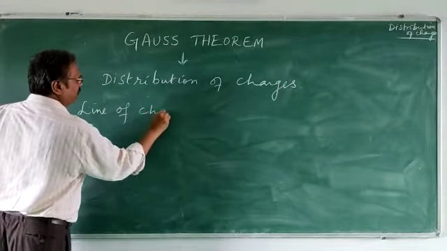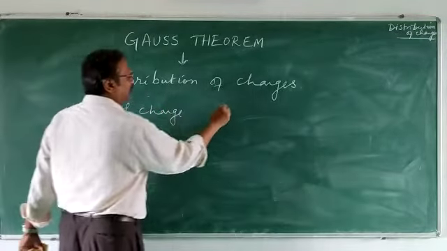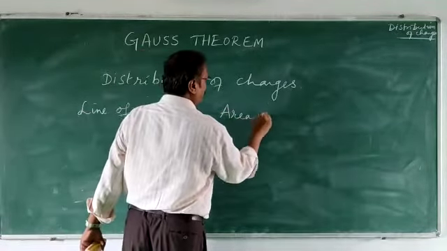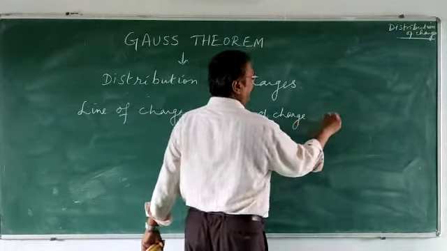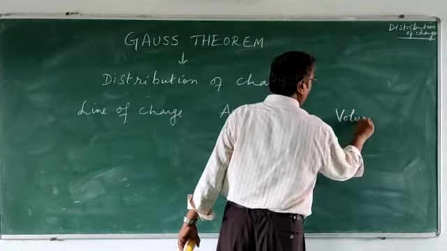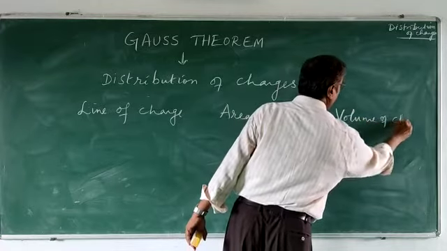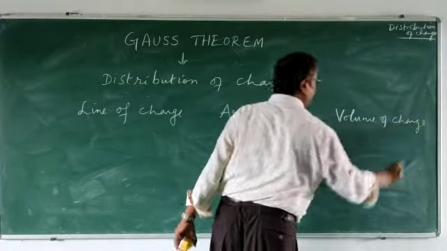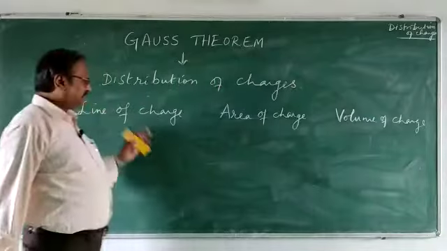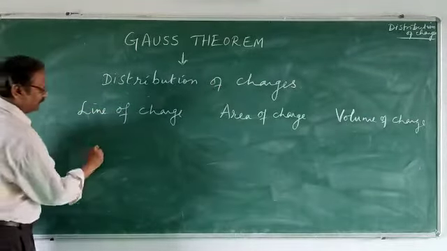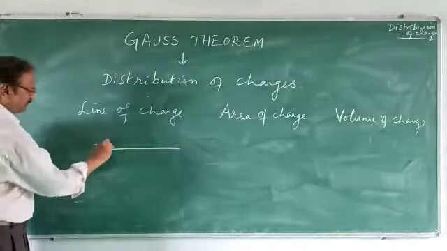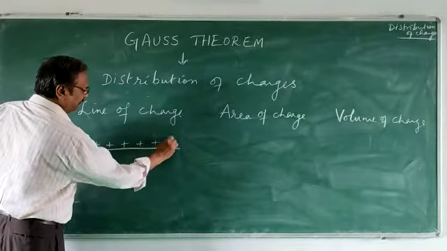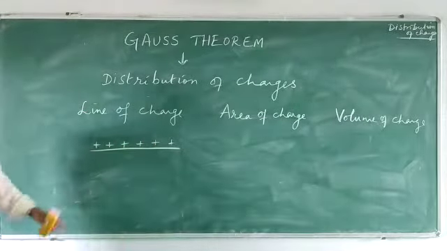Second is called area of charge, charge distribution over an area. And volume of charge. Distribution can be done in 3 ways. Line of charge is a single line. It is only one dimension. The charges are being spread on that, let us say, a line of charge on a wire, you can imagine.